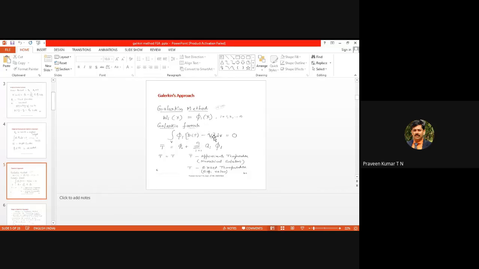This is nothing but the heat transfer equation, or governing differential equation for conduction. If it is conduction combined with convection, we have the governing differential equation for conduction combined with convection. If you are dealing with the derivation of fins, then we have to derive one more set of equations for the fins.